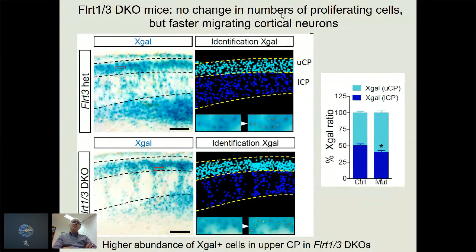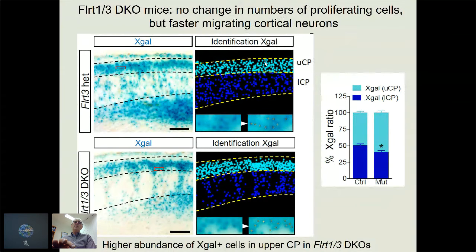And the something that we found was a change in the migration speed of these cortical neurons. So Dani, again, takes E15.5 embryos, which is when we start seeing the clusters. He divides the cortical plate into an upper and a lower cortical plate and determines, in a sort of automatic counting system, the number of blue cells in these two regions.